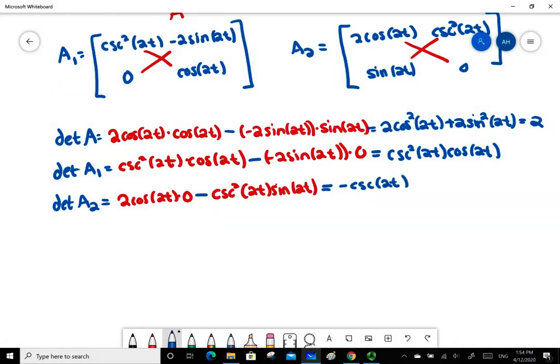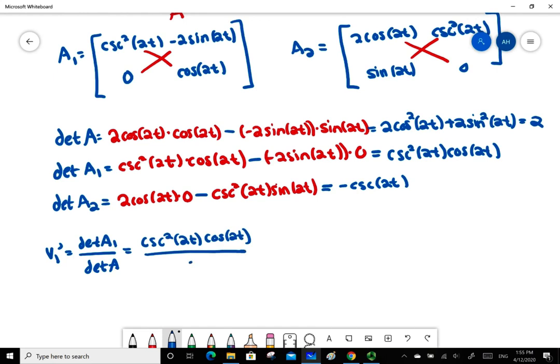Now using the Cramer's rule formulas, v1' will be the determinant of A1 over the determinant of A, so csc²(2t) cos(2t) over 2, and v2' will be the determinant of A2 over the determinant of A, so -csc(2t) over 2.